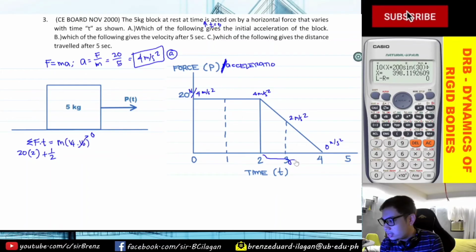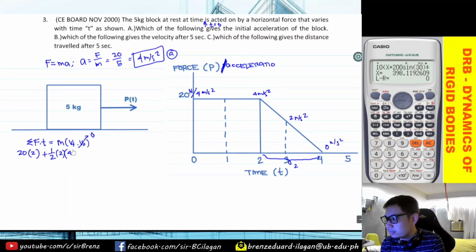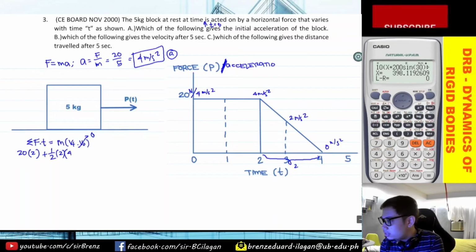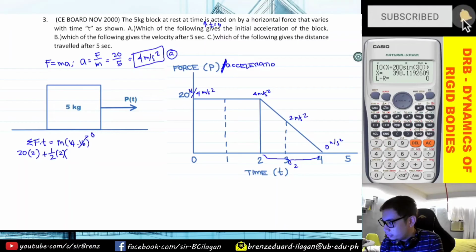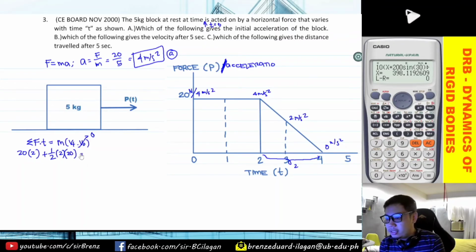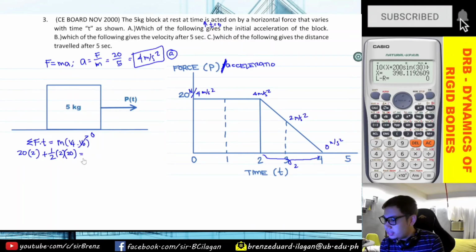So this is equivalent saan? Diba 2 seconds lang yan? So base na 2 times the height. Sorry. This should be not equals to 4 since force kaya pinag-uusapan. So ito is 20. This is supposed to be 20. Ayan. So, is equals to the mass, which is given sa problem na 5 times velocity. So, ito nga yung hinahanap.